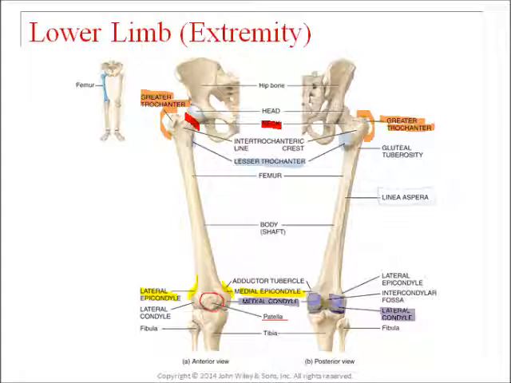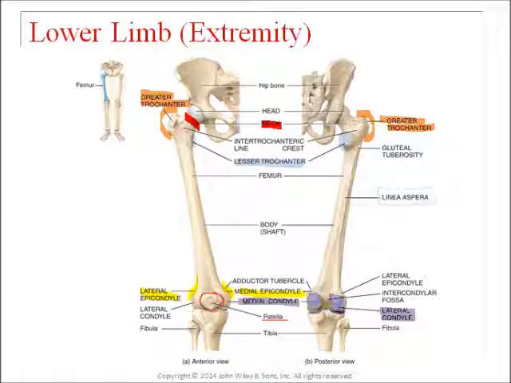In this diagram, we are looking at an anterior and posterior view of the femur. On your reading left is the anterior view. Much like the humerus in the arm, the femur will have a head which fits into the acetabulum and a neck.